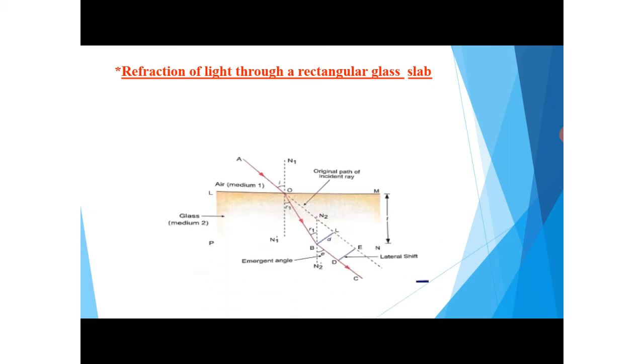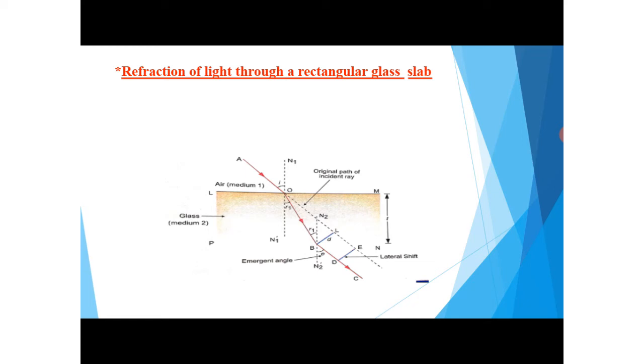Now in this case, again we are considering a glass slab. You can see from this figure, N1, N1 dash is the first normal at point O. AO is our incident ray from medium 1, that is air. Our medium 2 is glass, so air is the rarer medium, glass is the denser medium.